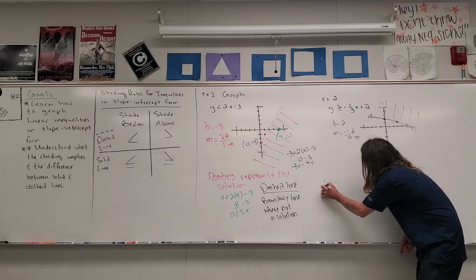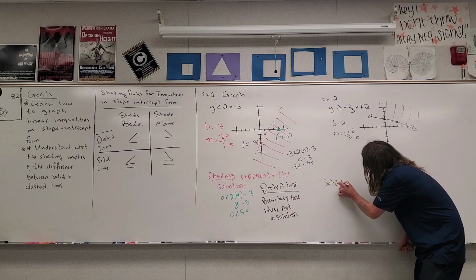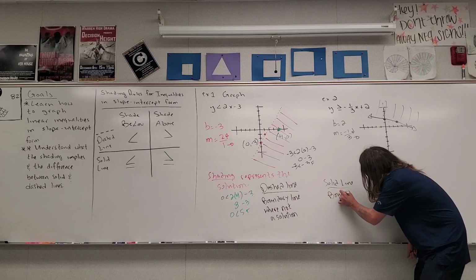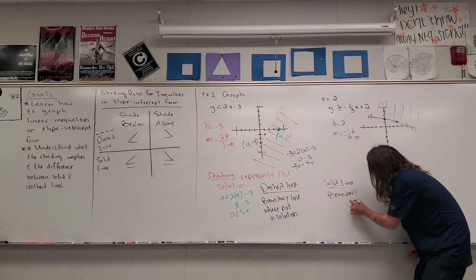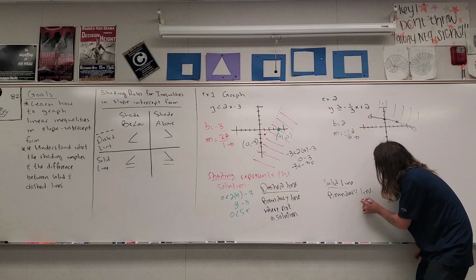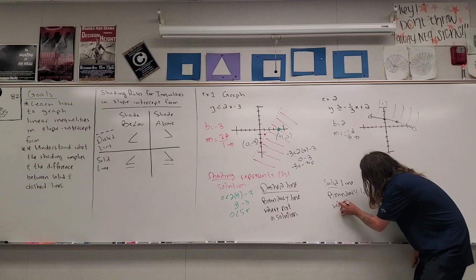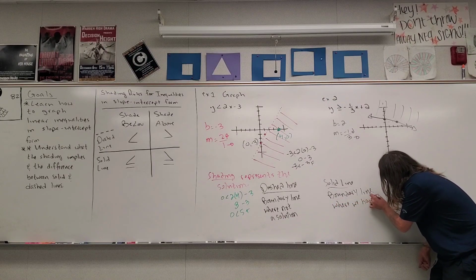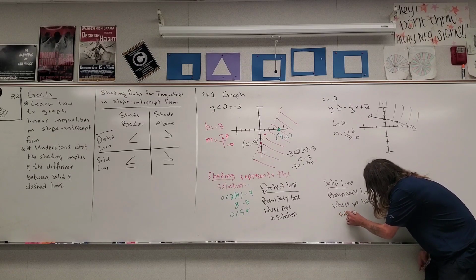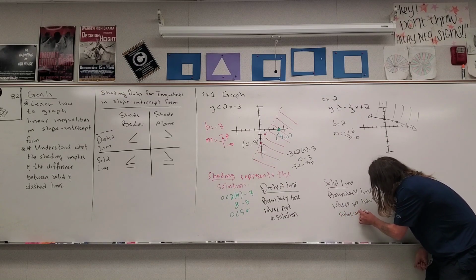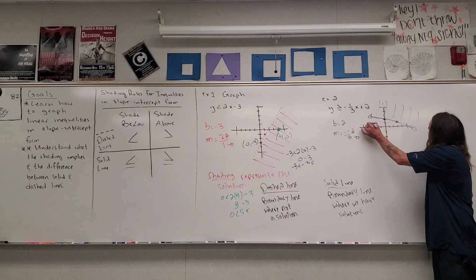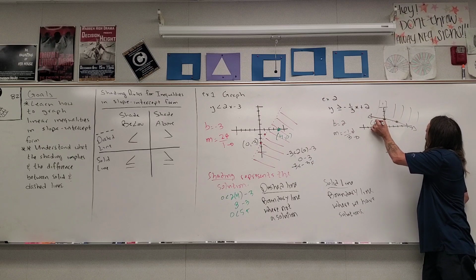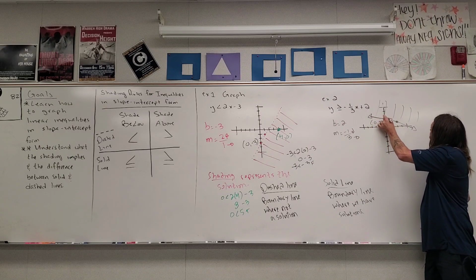So a solid line is a boundary line where we have solutions. So for example, I can look at the point 0, 2. 0, 2 is on the boundary line.